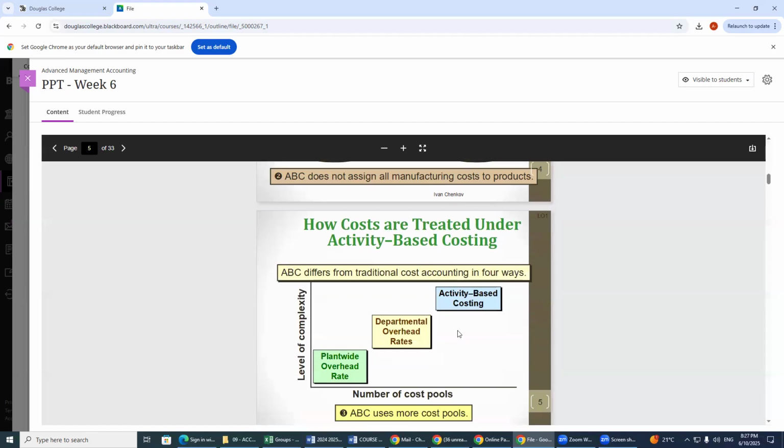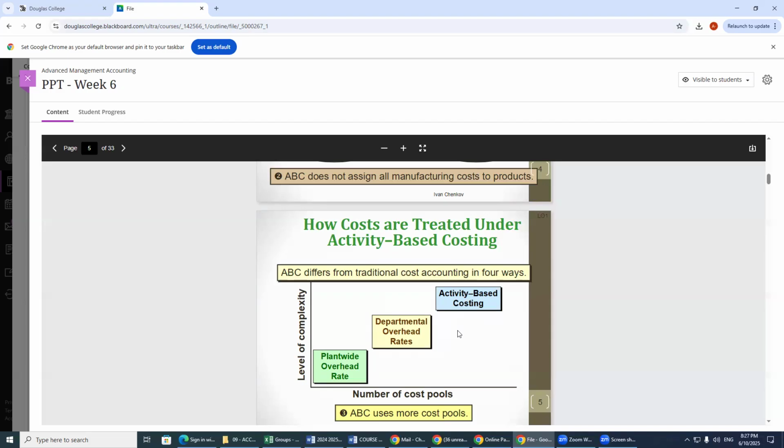Next one is how many cost pools we're using. Usually in the company, on the traditional system, for the allocation of the manufacturing overhead, we're using the manufacturing overhead rate, which is calculated before the start of the period by using the total cost for the upcoming period divided by the total usage of the allocation base, which is chosen to allocate the manufacturing overhead.